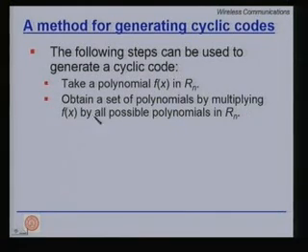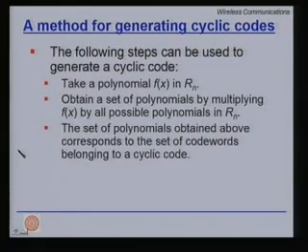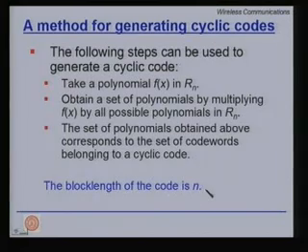When you multiply f(x) by any other polynomial, you do two things. You can multiply with x raised to some power, which will do a cyclic shift, and then add it up, which means that you are taking one code word and adding it with another valid code word. The set of polynomials obtained above correspond to the set of code words belonging to a cyclic code. The block length of the code is n.